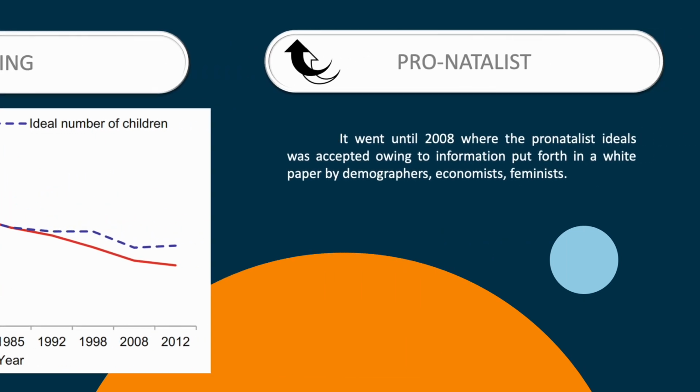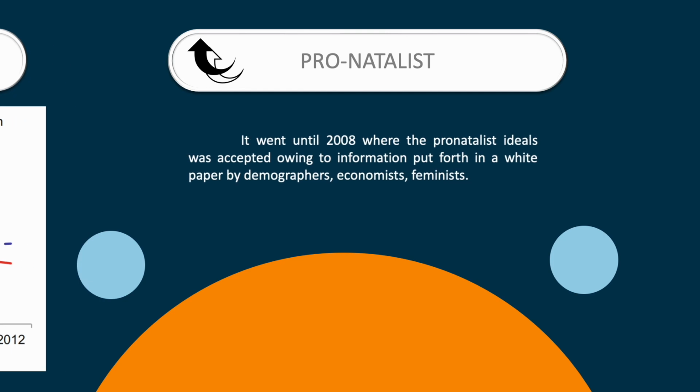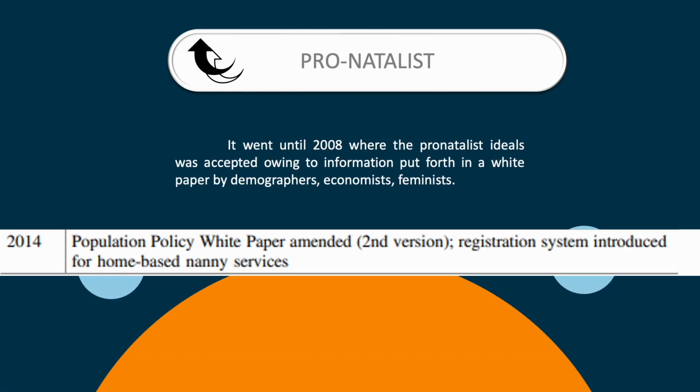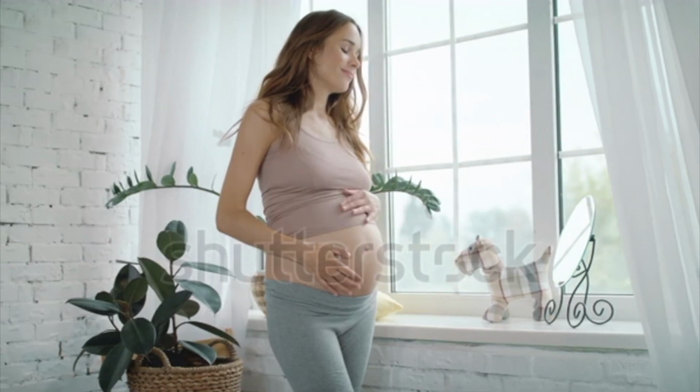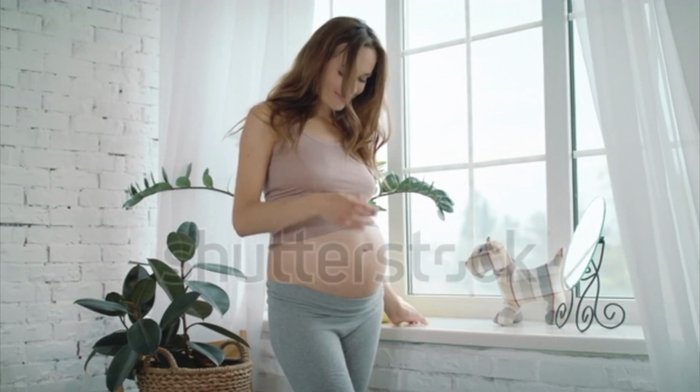It went on until 2008, when pronatalist ideals were accepted from information put forth in a white paper by demographers, economists, and feminists. This new pronatalist policy had a ripple effect on many aspects of society, including childbearing and childbirth, and even policies pertaining to after the child has been born.